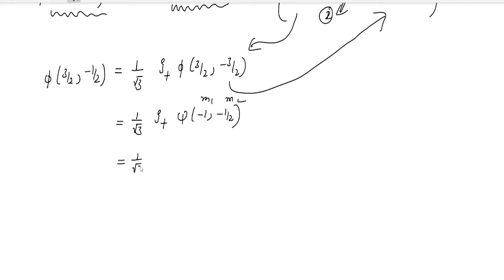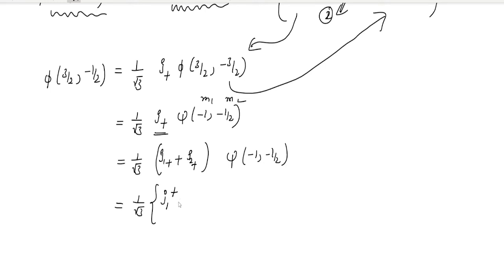1 divided by root 3. I'm going to split the j plus operator into j1 plus and j2 plus, into wave function psi minus 1 minus 1 divided by 2. So split this operator. 1 divided by root 3 is common.